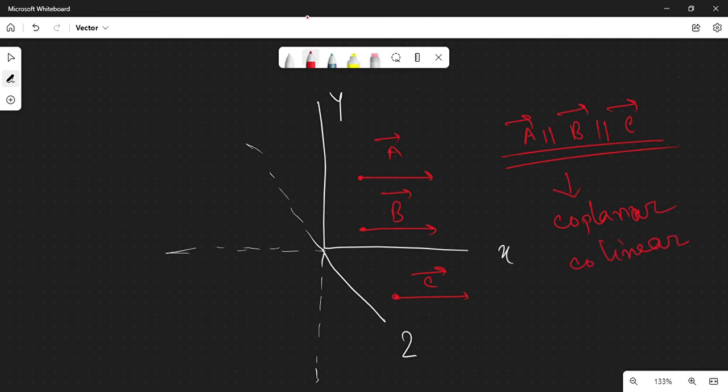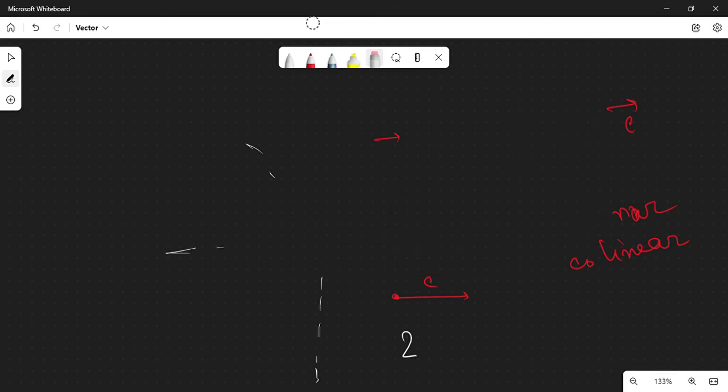So only if they are parallel to each other, we can say these three vectors are together coplanar or collinear. That's a very important type of vector we'll be learning in these classes.